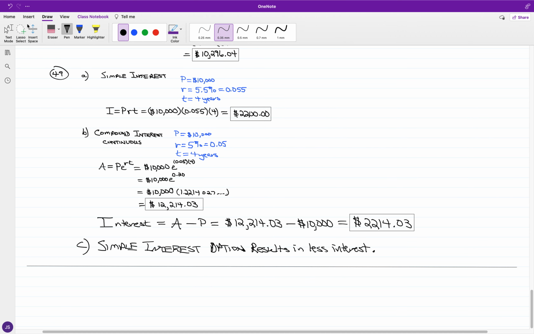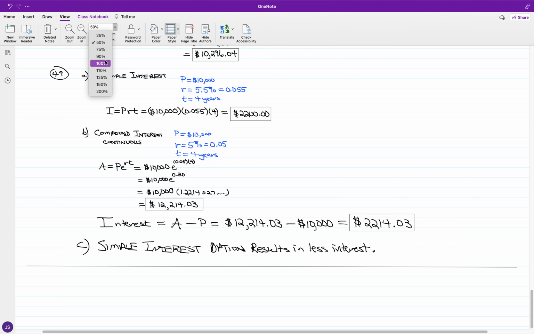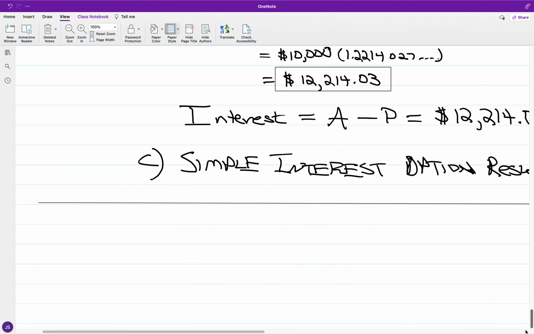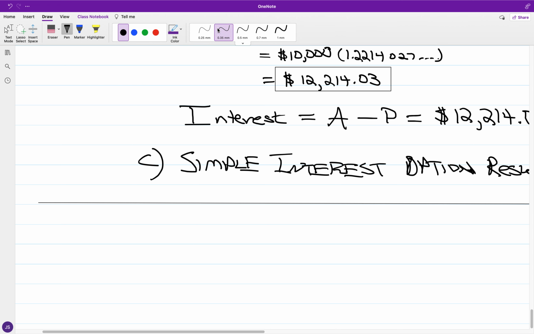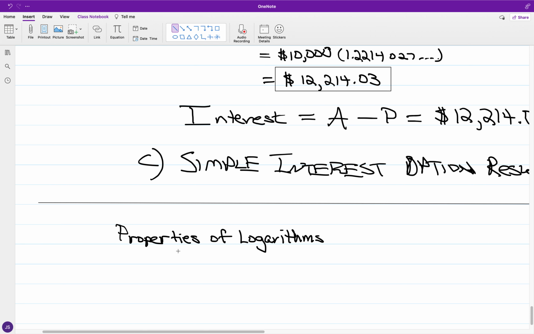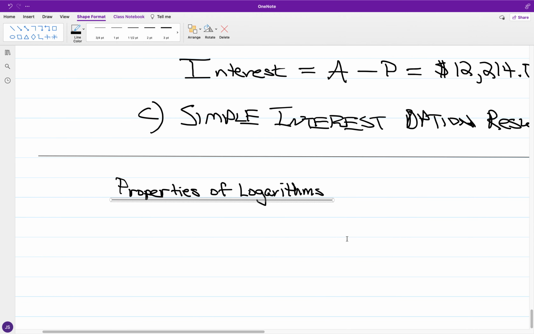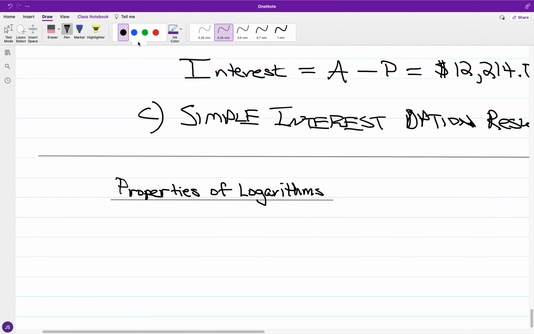They're going to have their own kind of functioning outside of just being the inverse of an exponential function, and just some of the things we have in the foundation. And for what we have in the case, properties of logarithms.